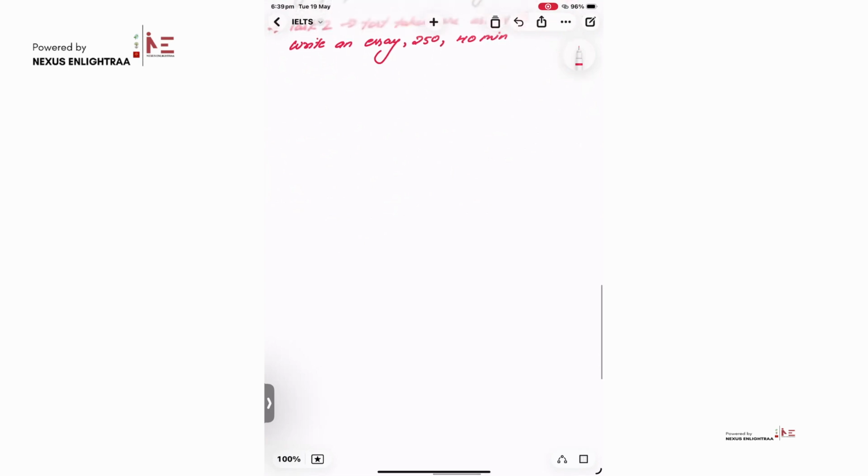Now, in task two, the first thing that we will do as we learn is paraphrase. This would be the first thing that we would learn. Then we would go for essay structure. And after this, we come down to essay types.